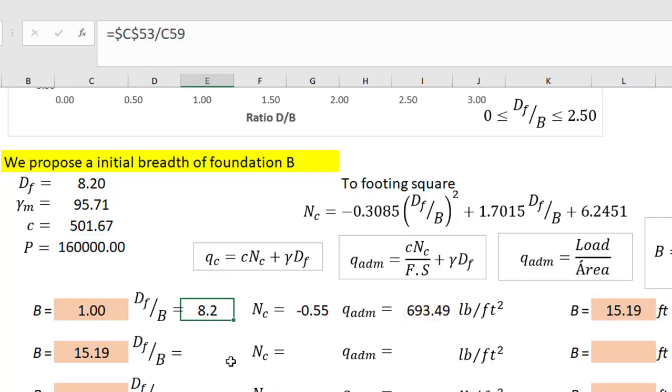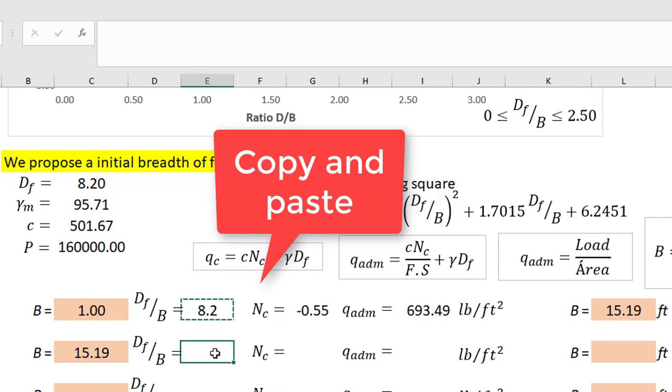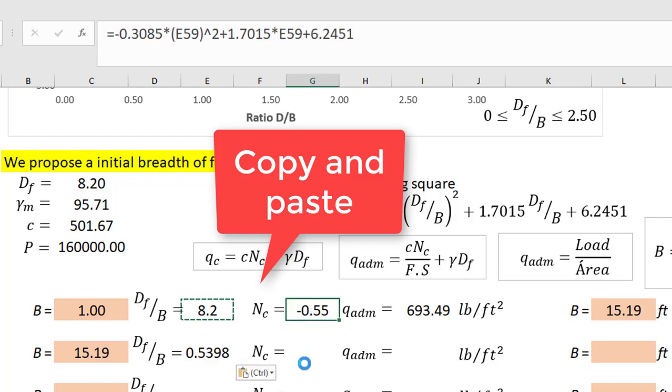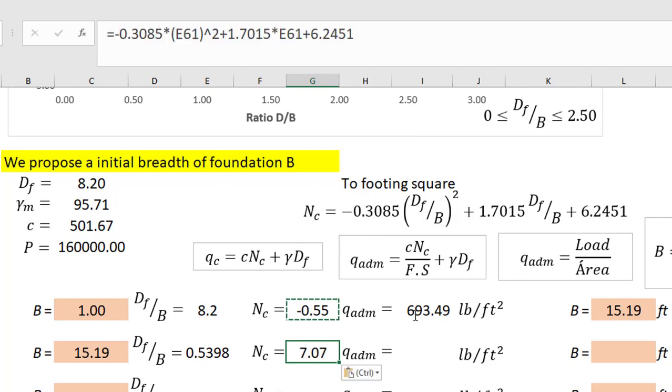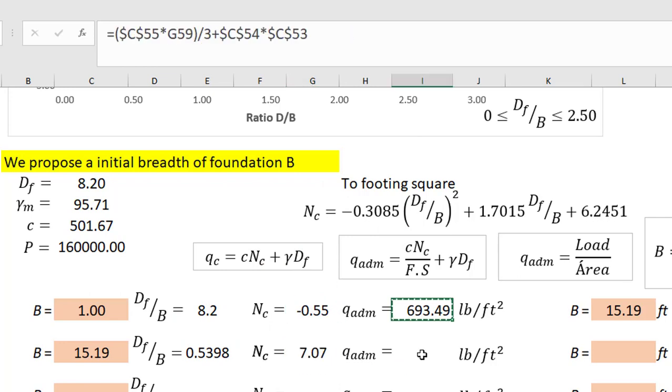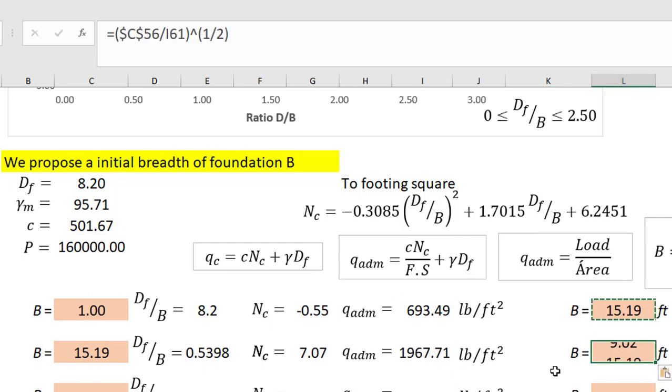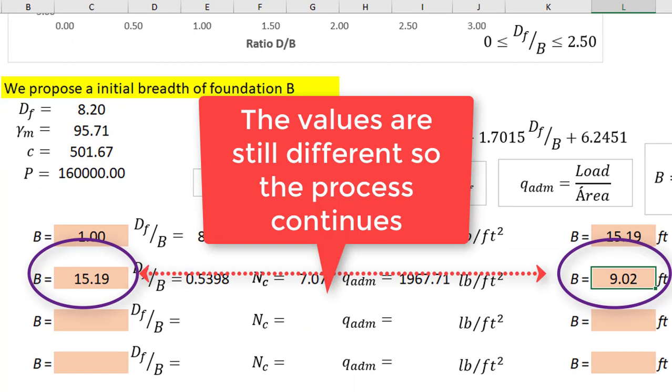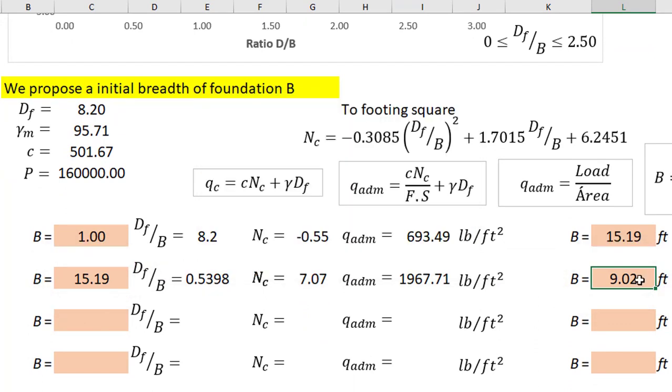Well, copy and paste. Well, now we get a B equal to 9 feet.